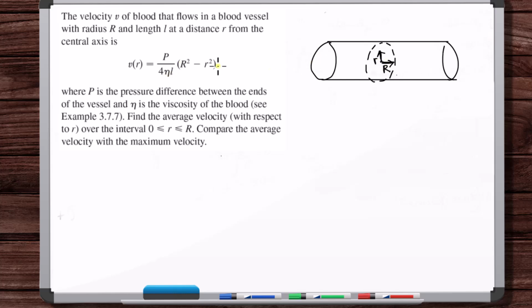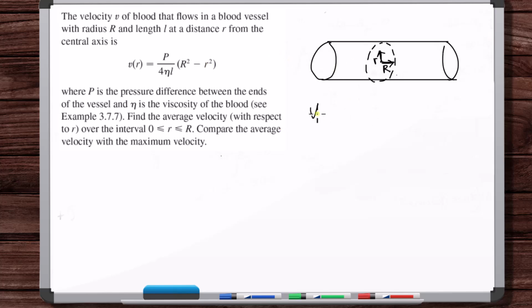We calculated this in a previous problem in chapter 3. I just checked, and we went through the whole process of finding the maximum value of the function. The maximum velocity was when r is equal to zero.